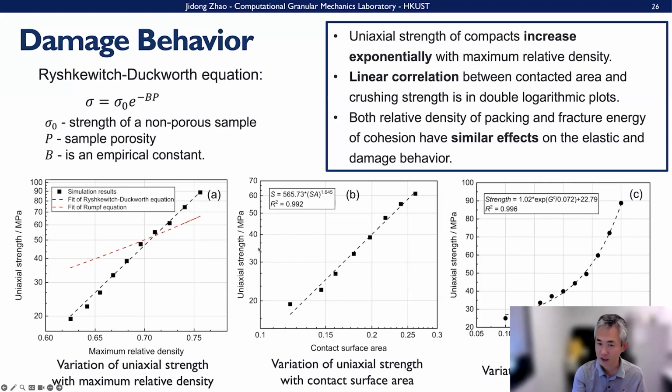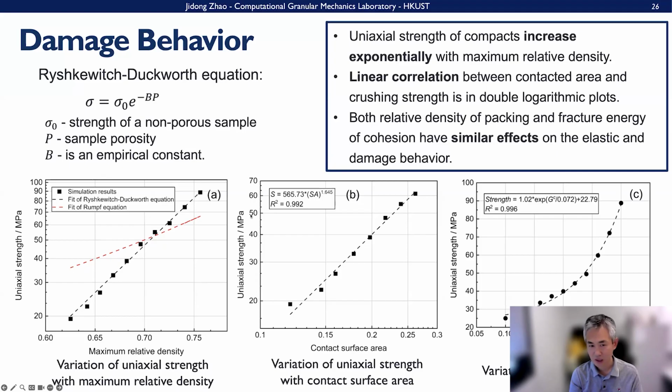We want to develop an extreme case, for example, the uniaxial strength of the compact is essentially going to increase exponentially with the maximum relative density. Whereas these are the samples we test here.